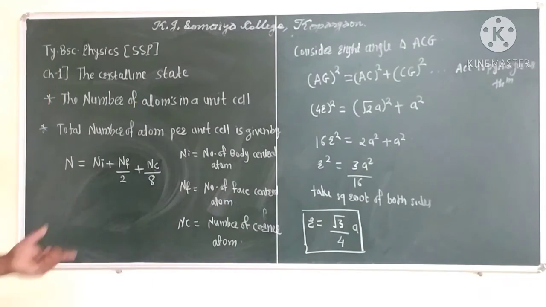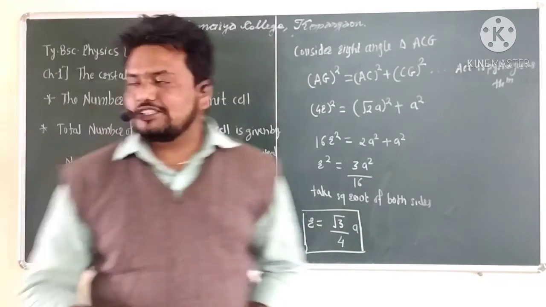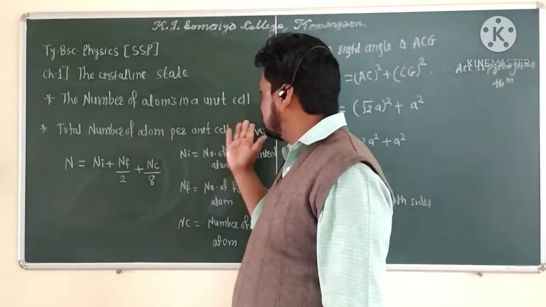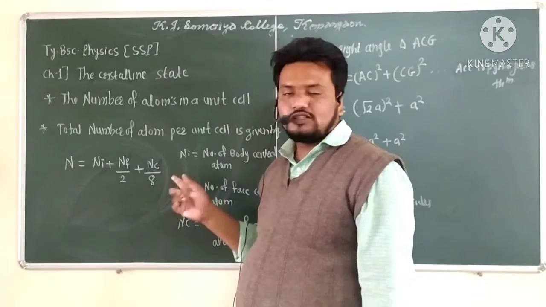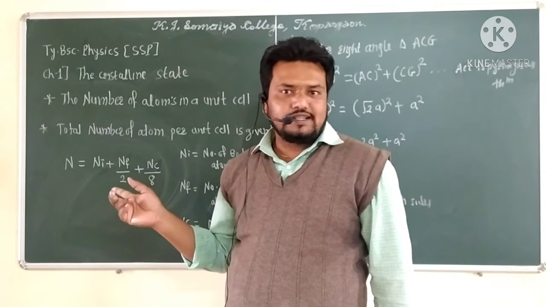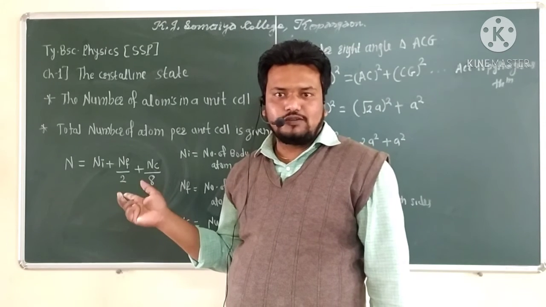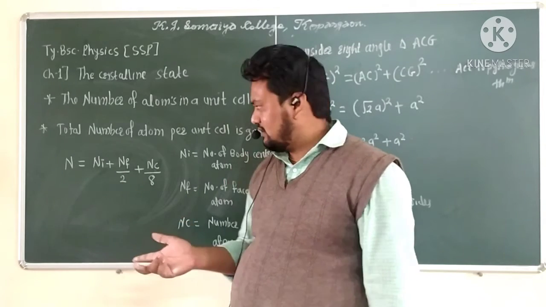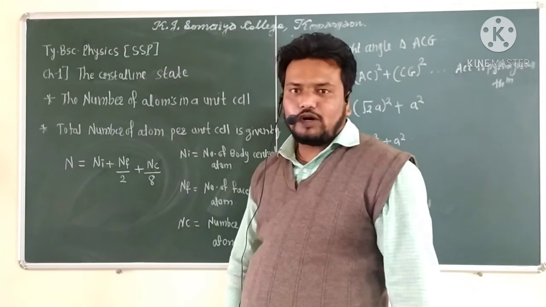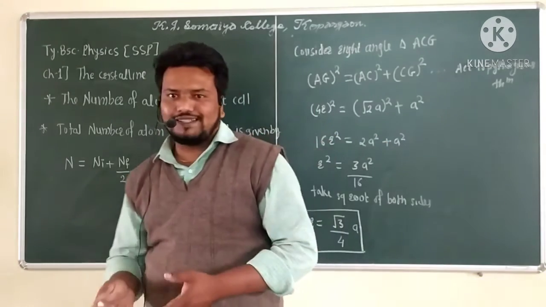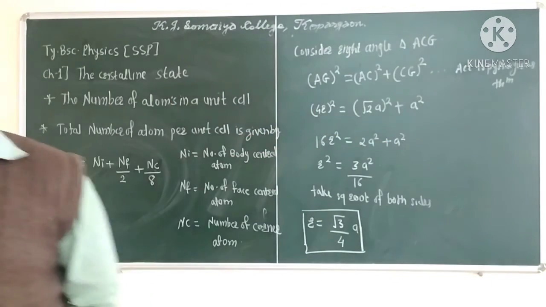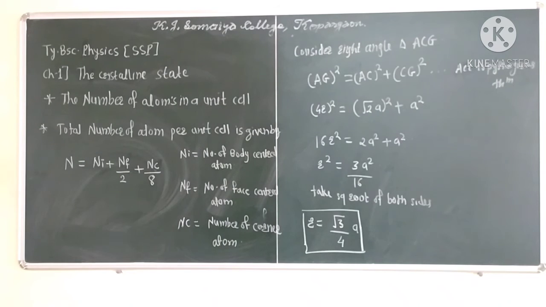So this is the formula for the number of atoms in a unit cell: total number of atoms per unit cell is N equal to Ni plus Nf by 2 plus Nc by 8, where Ni is the number of body centered atoms, Nf is the number of face centered atoms, and Nc is the number of corner atoms.